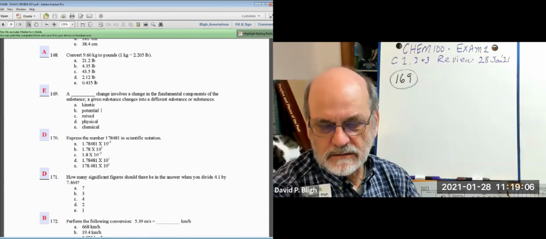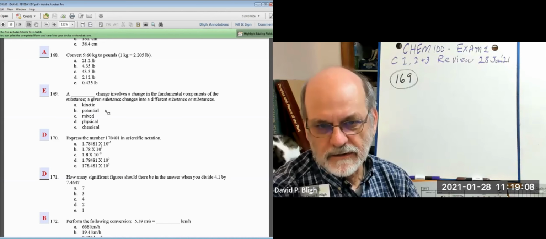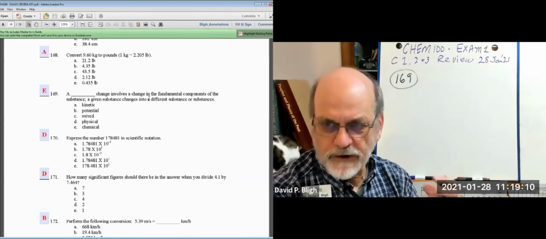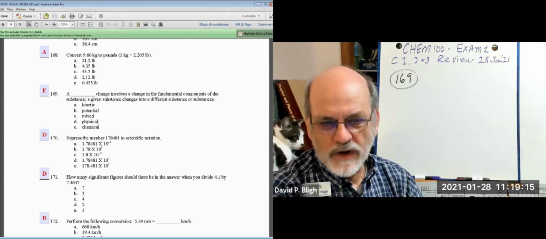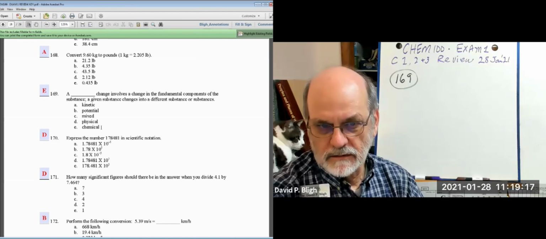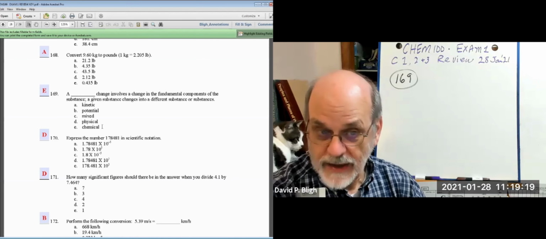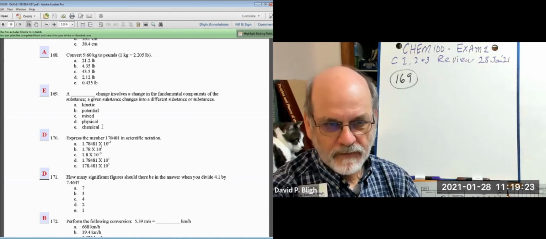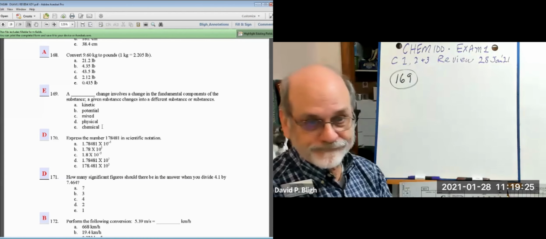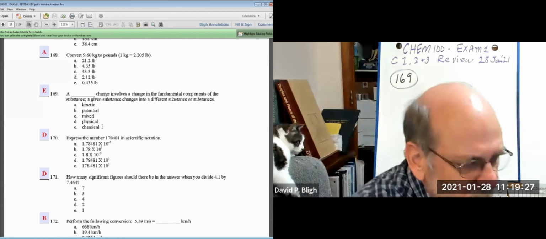Potential? No, we're still talking about energy, and that's not what we're talking about. It's a fundamental characteristic of the object. So it's either physical or chemical. And in this case, we know it's chemical.